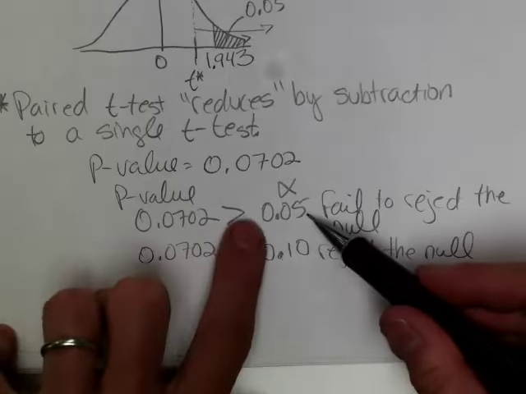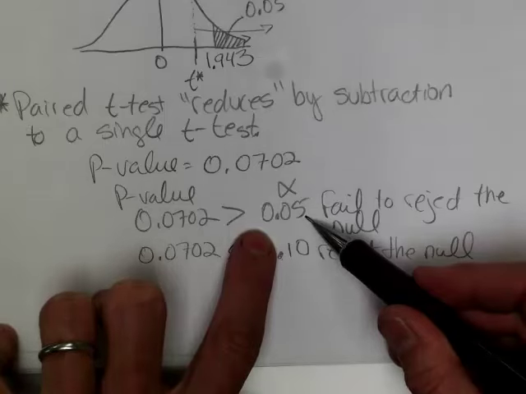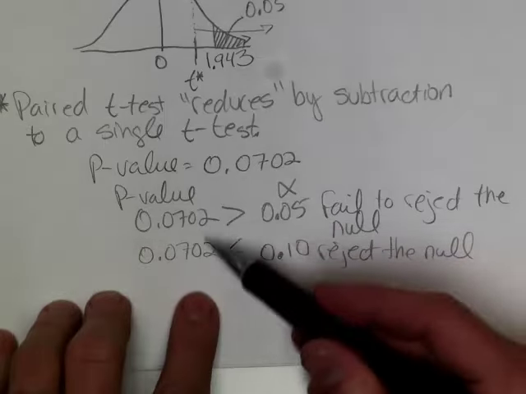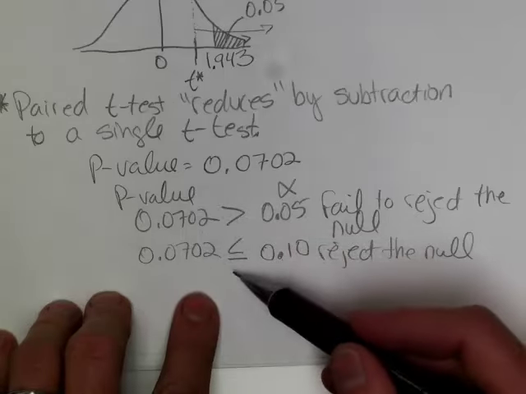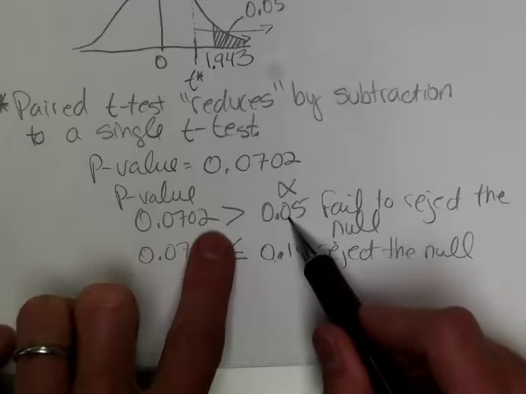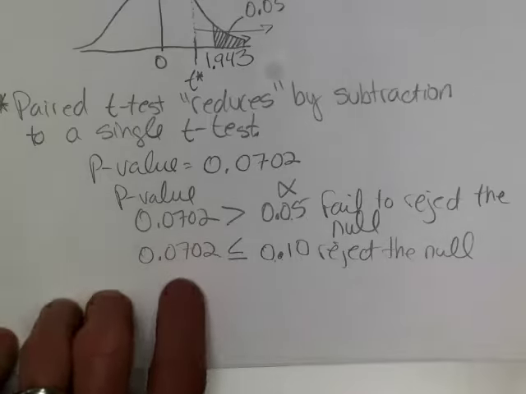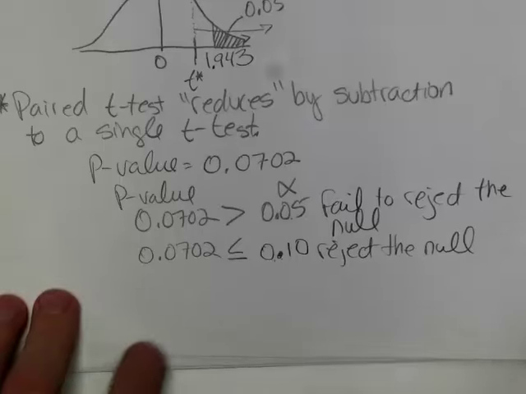Now we're going to be sticking with the level of significance that was stated in the problem, but I just wanted to go over again how the p-value compares to the level of significance in general. Okay, so going with the p-value compared to a level of significance of 0.05, the decision is definitely to fail to reject the null hypothesis.